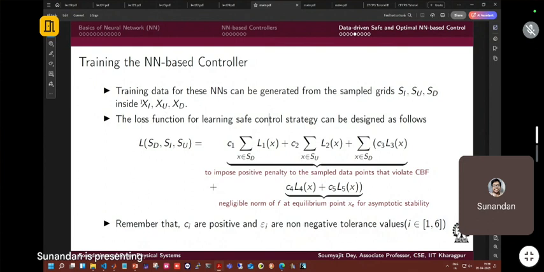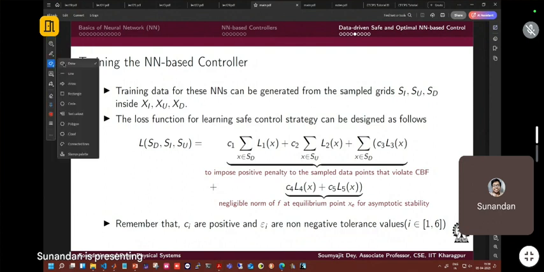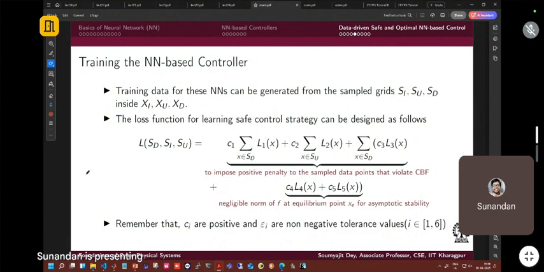So consider that if you have a two-dimensional system, this is x1, this is x2. These are your two states.